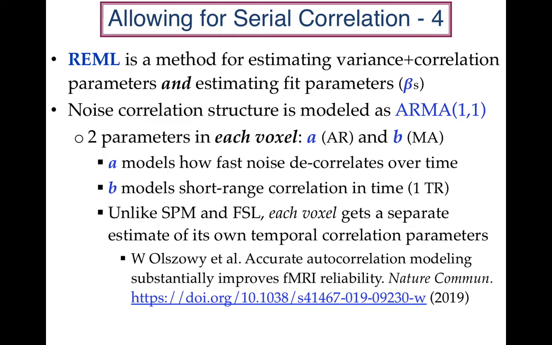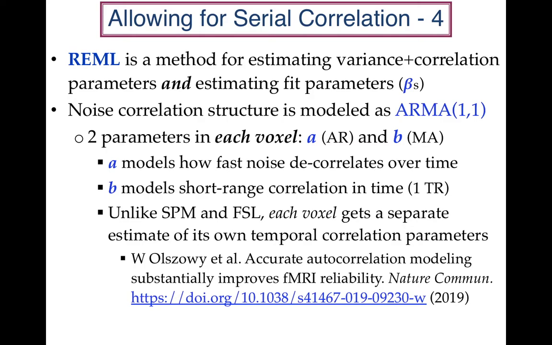In AFNI, the noise correlation structure that we use is called ARMA(1,1). This is a kind of model that was developed in the 1950s, and these ARMA models are widely used in signal processing. The (1,1) here means there are two parameters in each voxel. One is called A, the autoregressive parameter, and the other one, B, is called the moving average parameter.